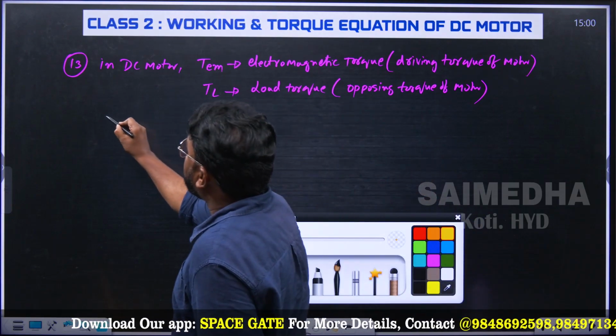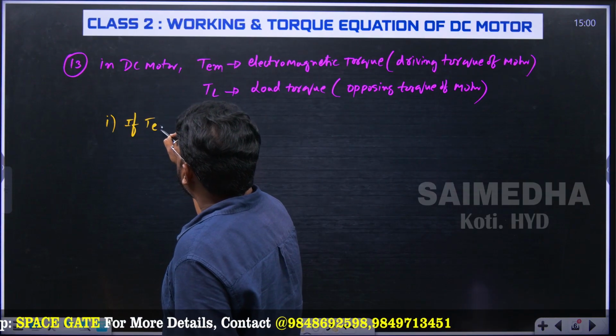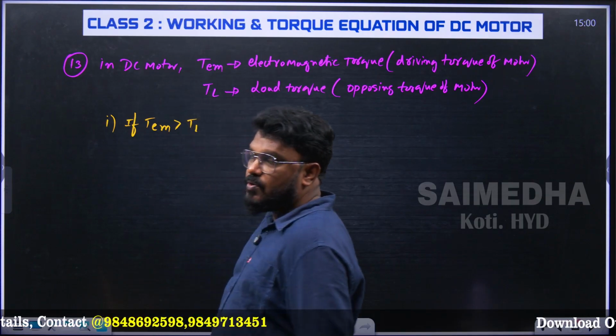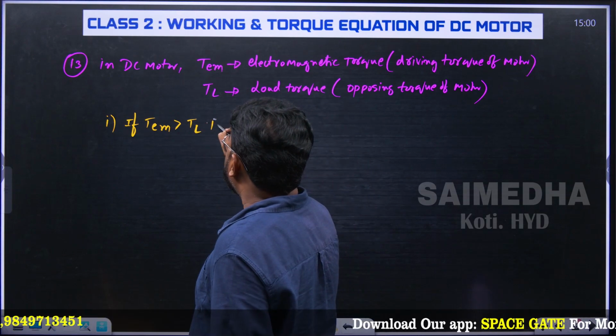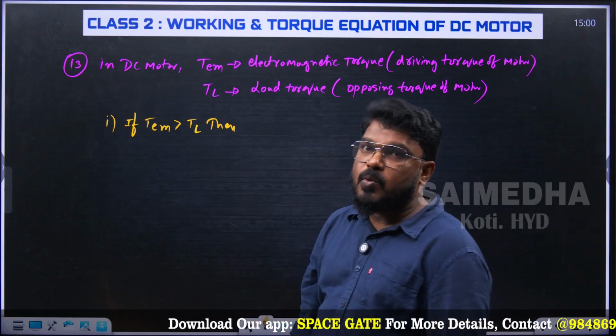First case: suppose the electromagnetic torque is greater than the load torque. Then what will happen? Driving torque is more as compared to the opposing torque.